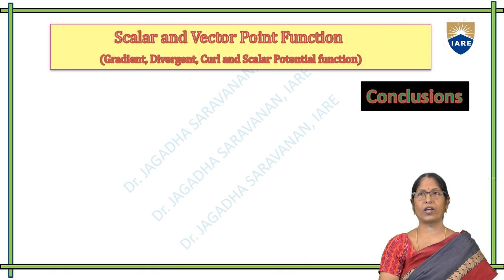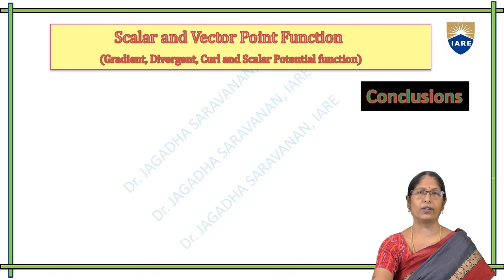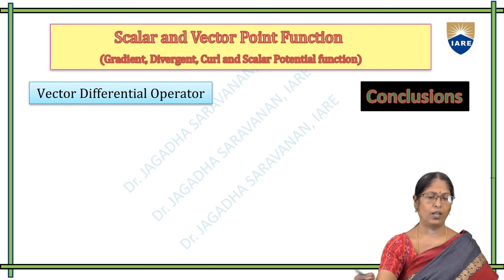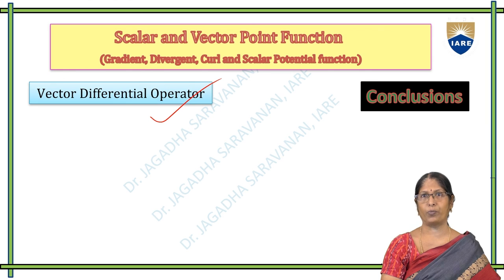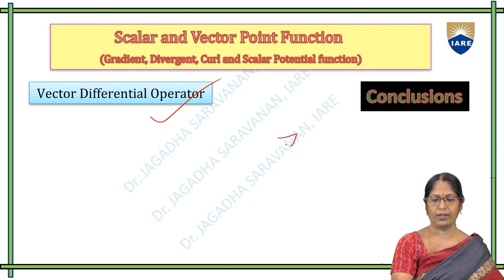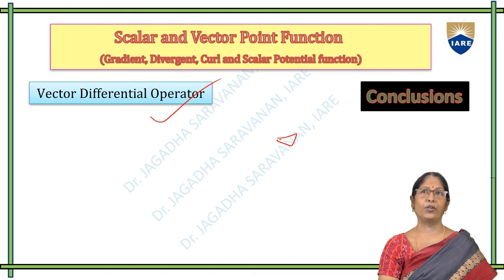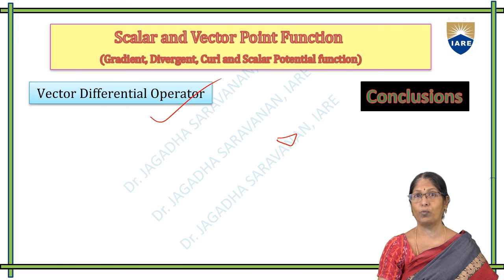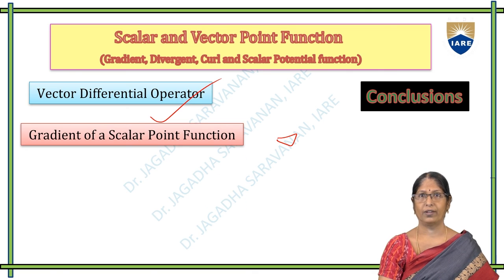So we will come to a conclusion of this topic, scalar and vector point function, that is gradient, divergence, curl, and scalar potential function. In this topic, first, the vector differential operator. It's nothing but the gradient. So the gradient is i dou by dou x plus j dou by dou y plus k dou by dou z.